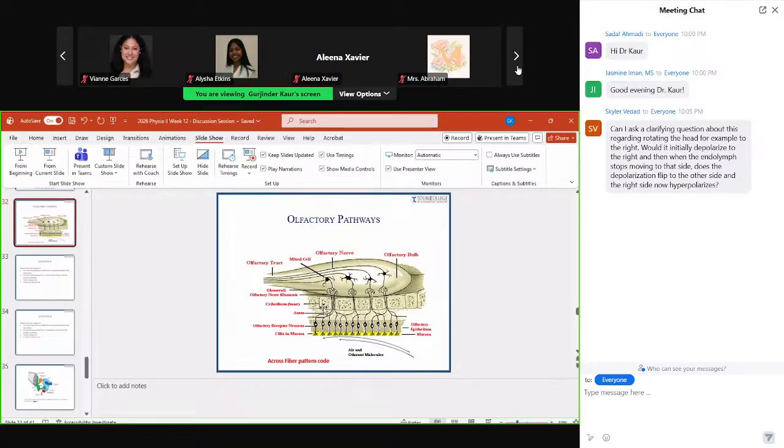If we talk about salt, how salt is picked up by your tongue receptors, that is through the ENaC channels, epithelial sodium channels.